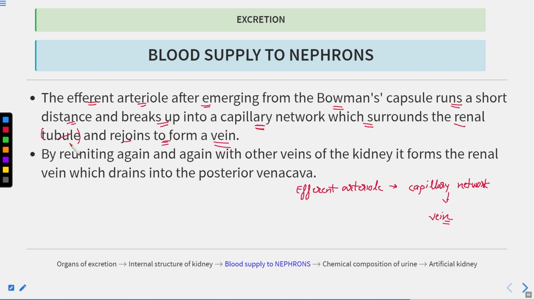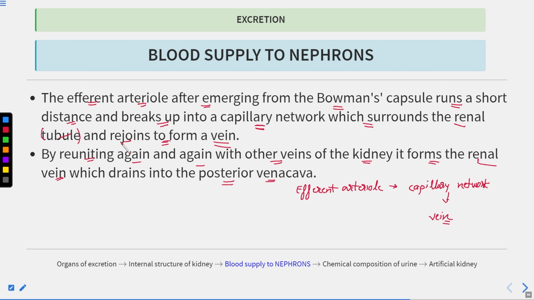It is made up of the Bowman's capsule, proximal convoluted tubule, loops of Henle, and then distal convoluted tubule. Now by reuniting again and again with the other veins of the kidney, it forms the renal vein, which drains into the posterior vena cava. So this vena cava carries the deoxygenated blood. The renal vein also carries the deoxygenated blood.